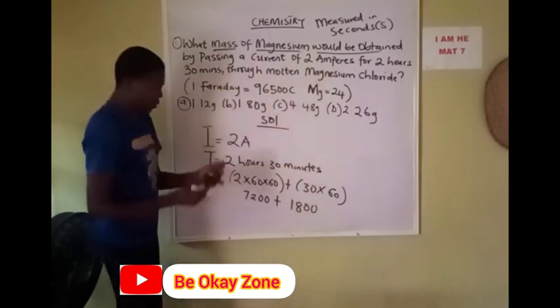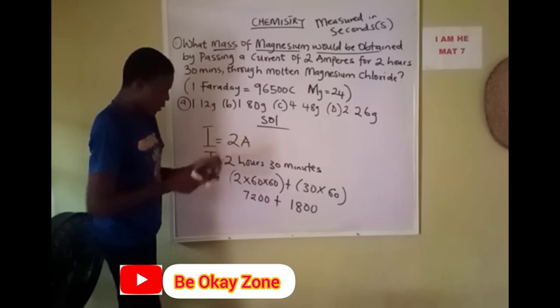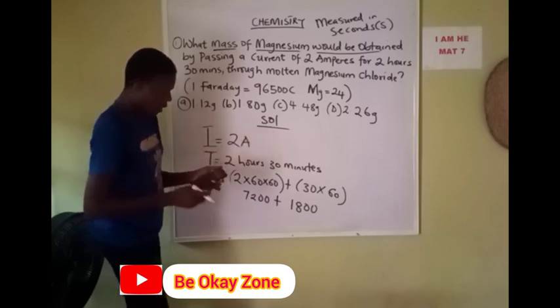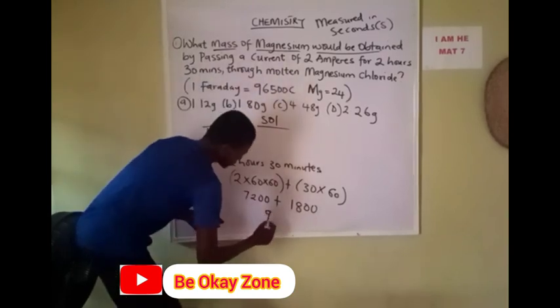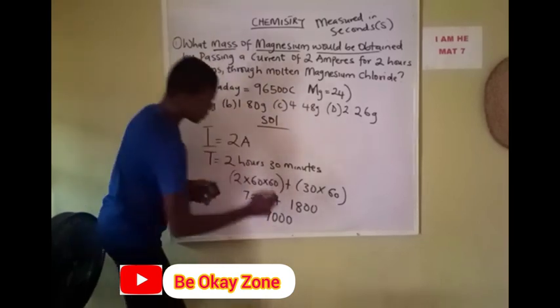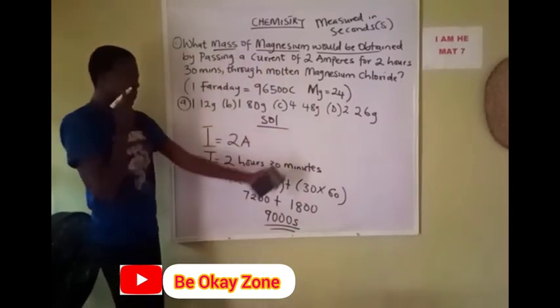Now when we add it up, 1800 plus 7200, what is it going to give us? It gave us 9000. And what is the unit? Please take note, it is seconds, because we just converted these 2 hours 30 minutes to seconds.